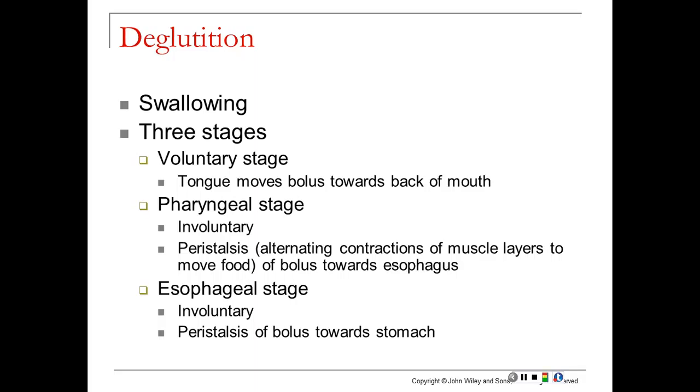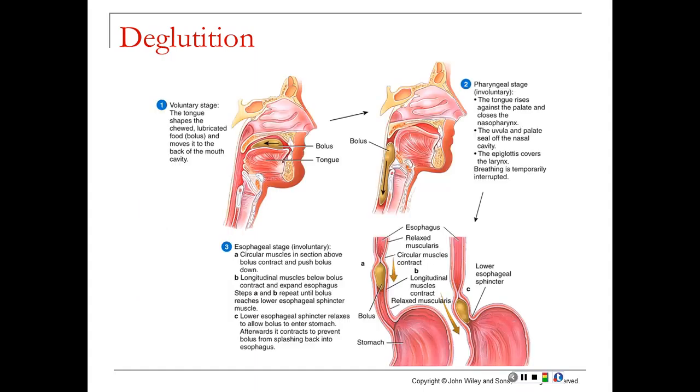After that, it's all involuntary. The pharyngeal stage is when peristalsis takes over. This is going to be an alternating series of contractions of the muscular layers to help move the food through. Then the esophageal stage, as that peristalsis moves the bolus towards the stomach. Again, that's all involuntary except for the fact that your tongue pushes the food back.